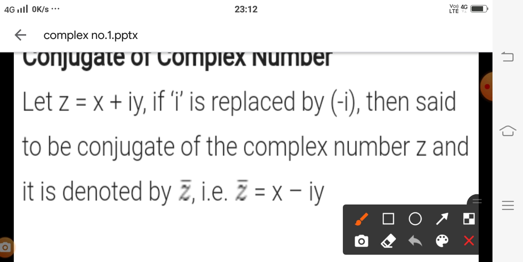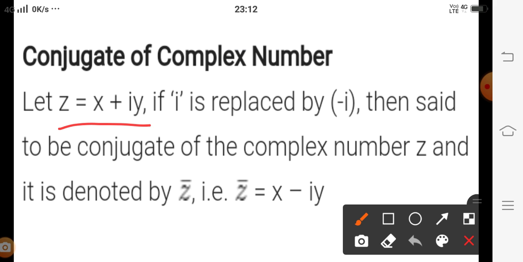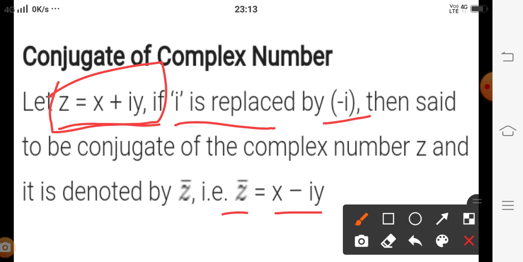Then here we have the conjugate of a complex number. If a complex number is given as z equal to x plus iy, then if you replace i by minus i, we change the sign of the imaginary part. If the imaginary part is negative in the question, then in the conjugate you get the positive value of the imaginary part. So z is x plus iy, and the conjugate of z is x minus iy.